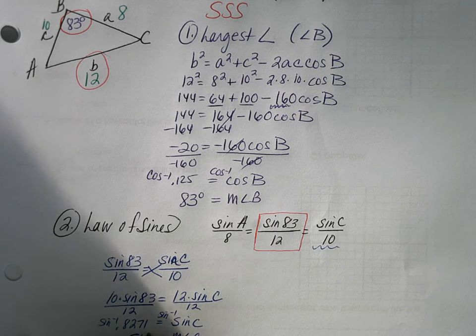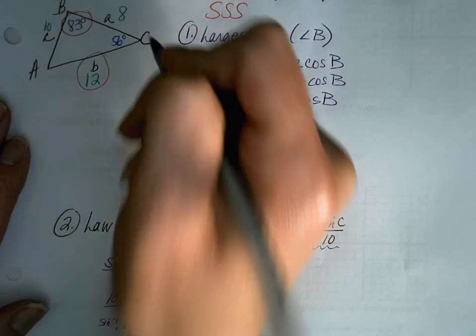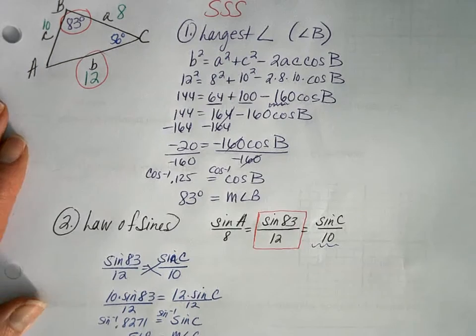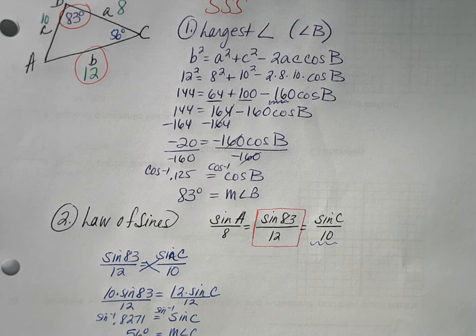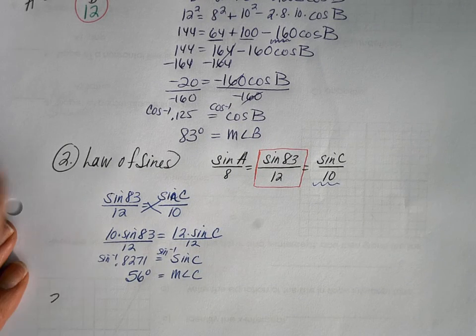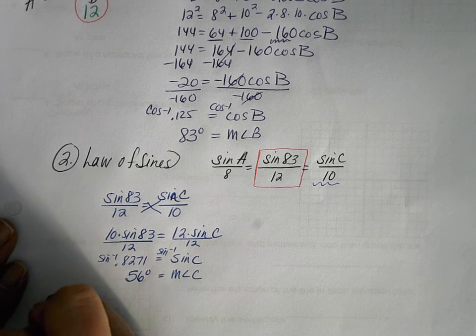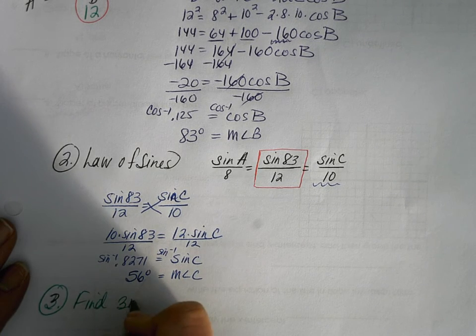I like that. So angle C is back up here. It's 56 degrees. All right. Done? Why not? I've got to find that third angle. And how do I find that third angle?